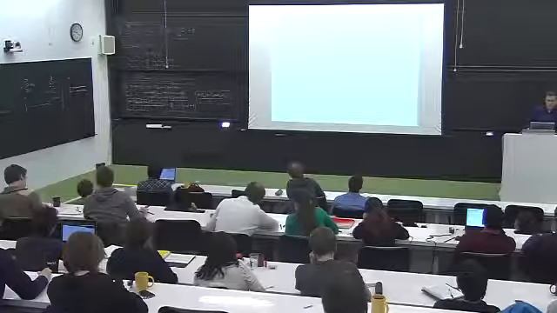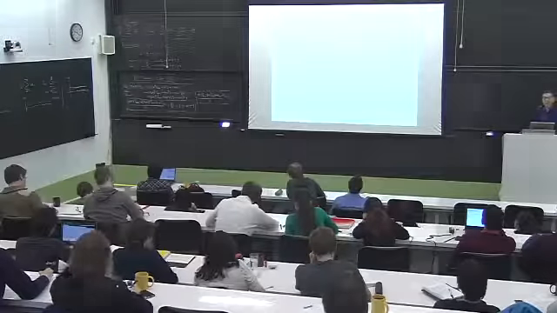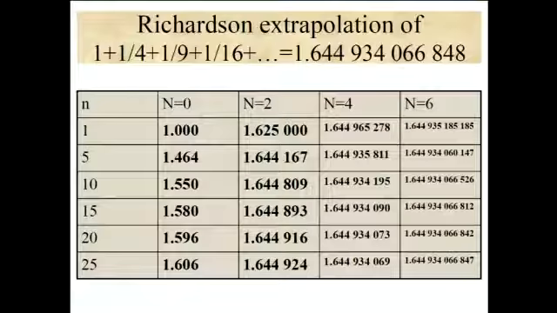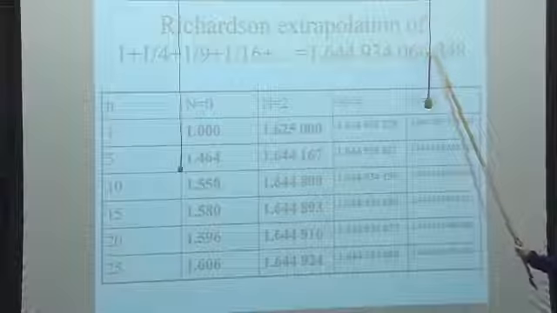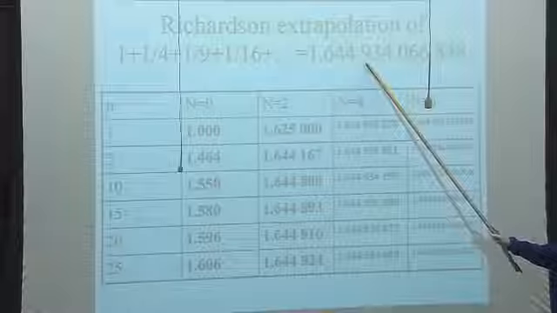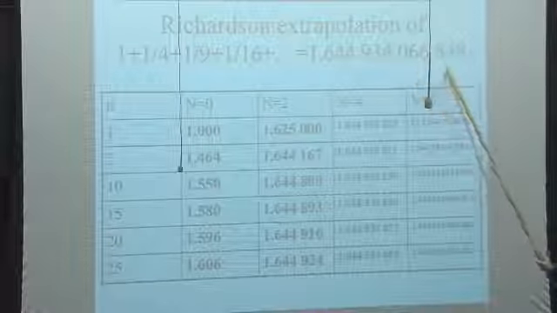Okay, I showed you these. Okay, so Richardson extrapolation. Let's see how well it works. So, here. Okay, so we know that this series that we're calculating is pi squared over 6, and pi squared over 6, roughly speaking, is 1.6449340668848.